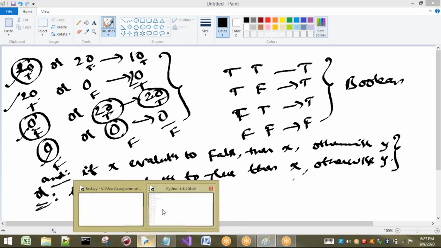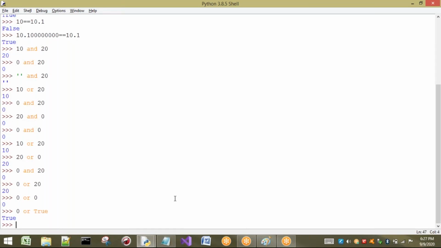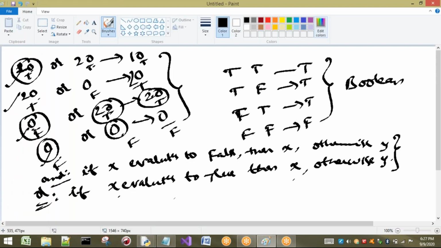Already I have taken only integers. Let us take some strings also. I want to show you something like 0 or true. Okay, what will be the answer? You are going to get true. We know the reason. Because if x evaluates to true, then only x, otherwise y.